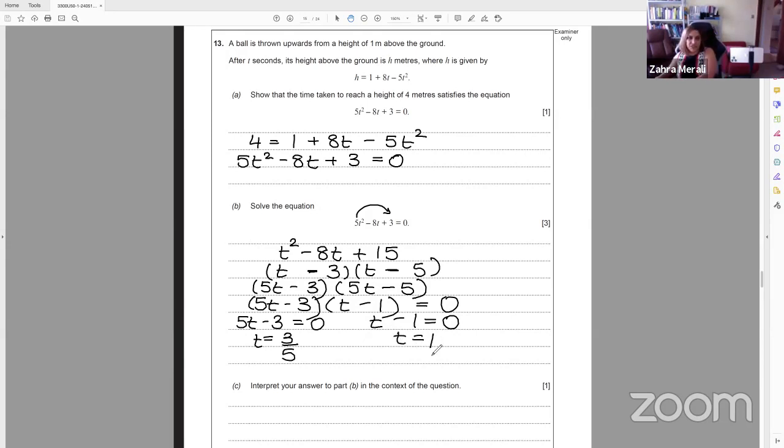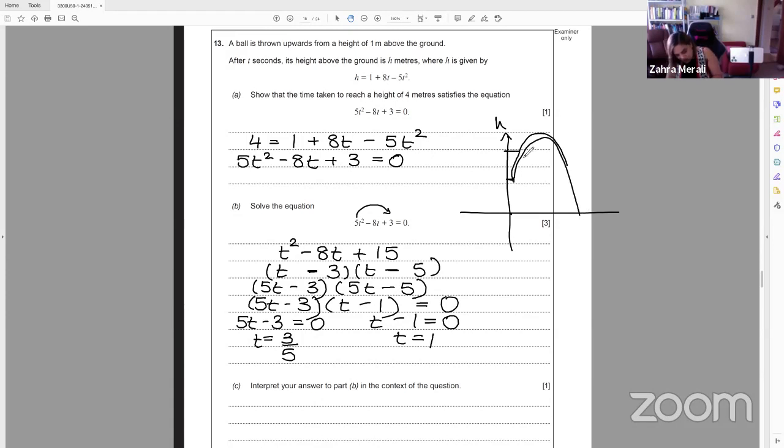Then the question says to interpret your answer in the context of the question. Now, why have you got 2 values? If you think about it, you've got your ball. Okay, so this is your height. This is the ground. It's being thrown up from 1 meter above the ground, so it's doing something like this.